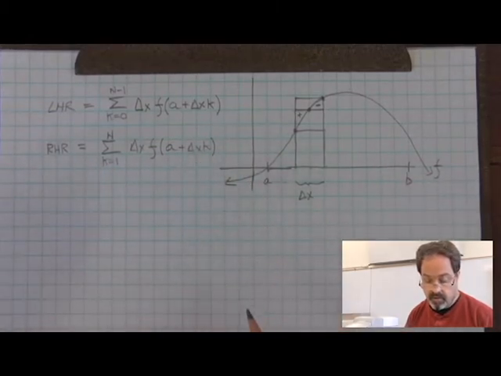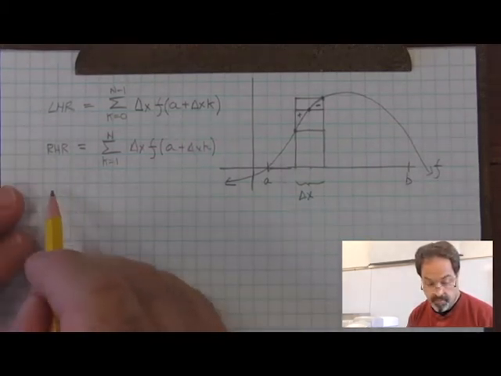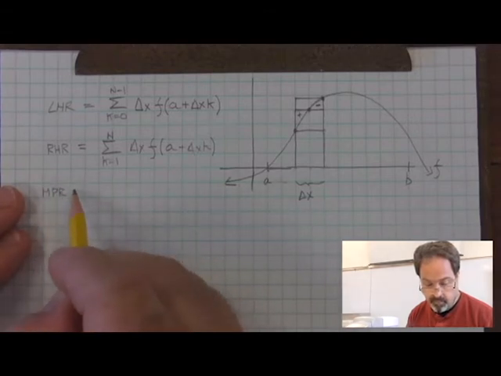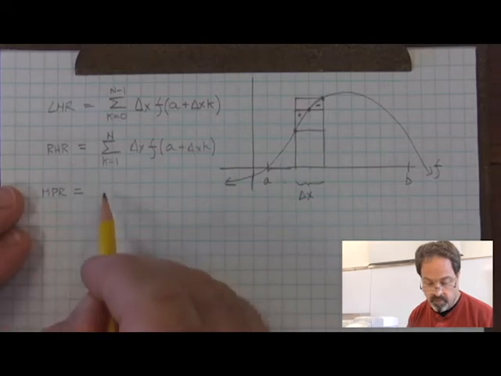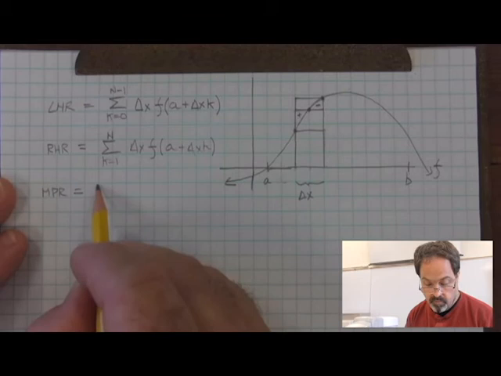Now I've spent a lot of time focusing on this starting point because getting the midpoint rectangles, or MPR to use a common abbreviation, we're going to modify where we start. We're still going to use sigma.